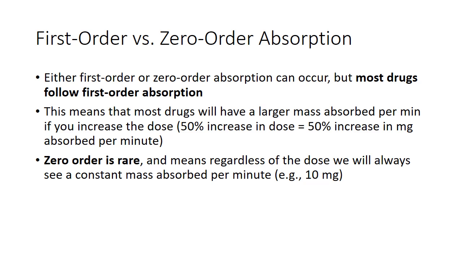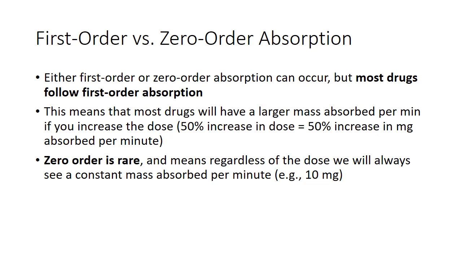So obviously, if you increase the dose, you'll have more drug available for absorption. So the mass absorbed per unit time will be faster at first, right? But by definition, if it's a first order process, the fraction absorbed per unit time should not change. Zero order is very rare. It means regardless of the dose, we'll always see a constant mass absorbed per minute.